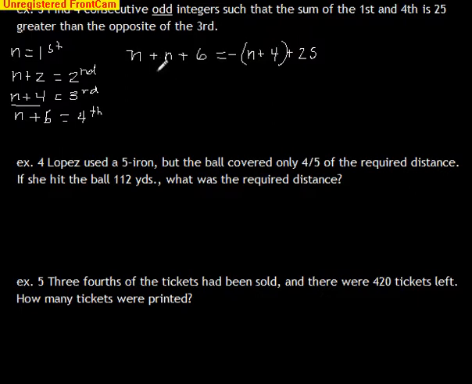Now we do our algebra. 2n plus 6, distribute, minus n minus 4 plus 25. 2n plus 6 equals minus n plus 21.